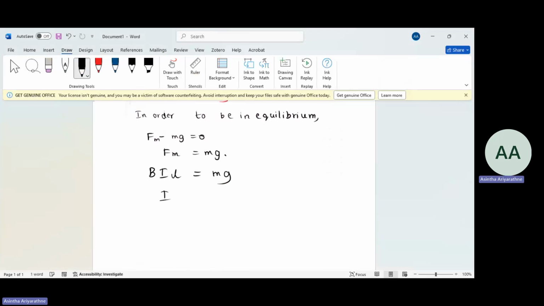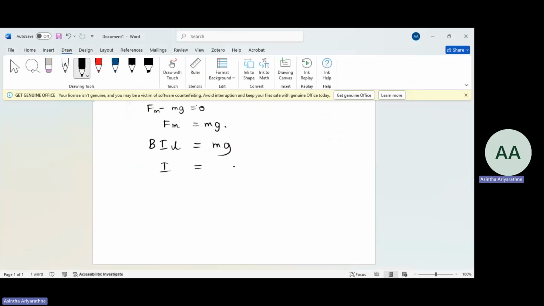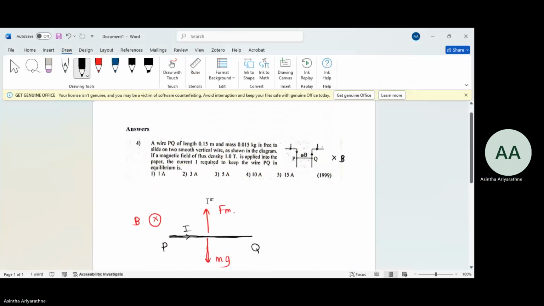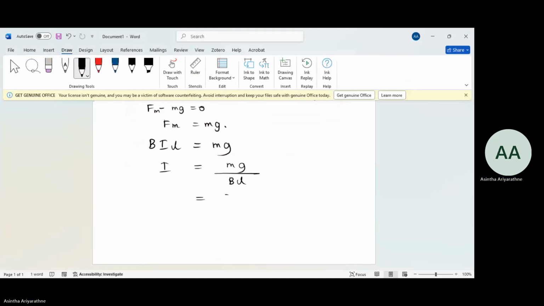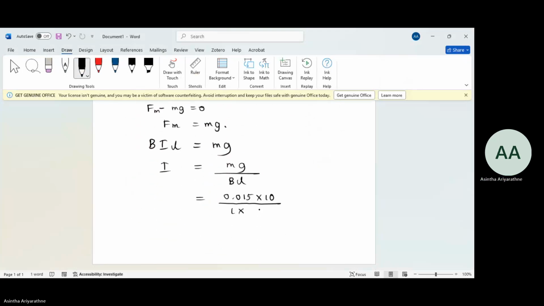And so I is mg over BL, which is 0.015 over 1 into the length, 0.15.